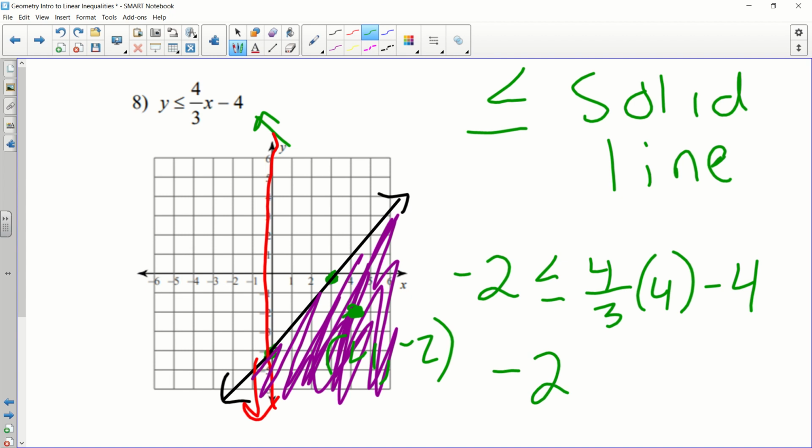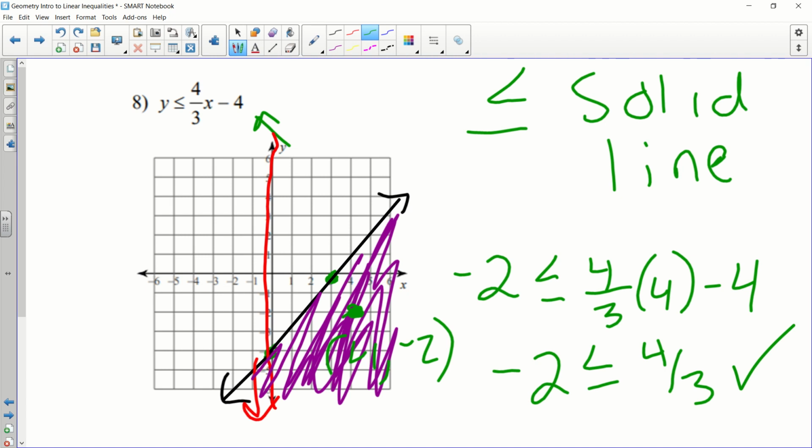I end up with -2 is less than or equal to 4/3 times 4 minus 4, which is 16/3 minus 12/3. And that is a true statement. So I know I have shaded in the correct location.